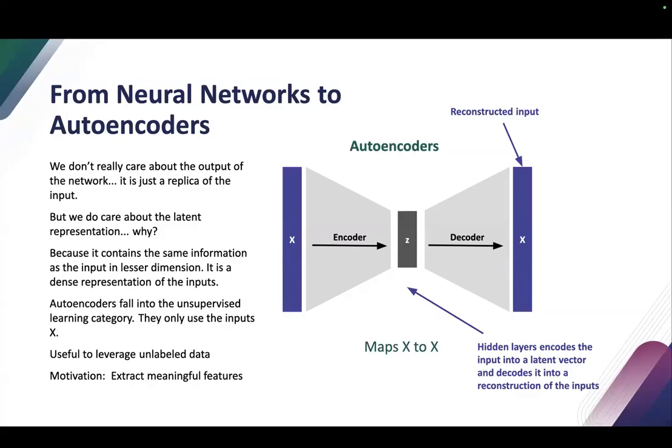And what you end up with in this Z vector is a richer, more condensed version of X. So it's a version of X, but without any noise. You're removing all the information that is not important, basically. And autoencoders are used to extract meaningful features.